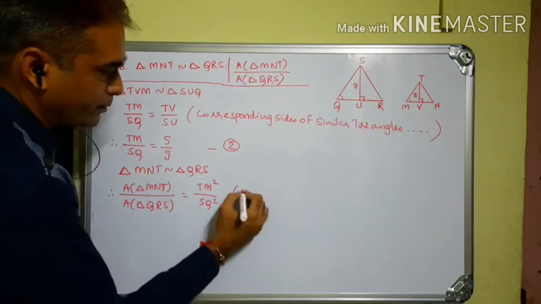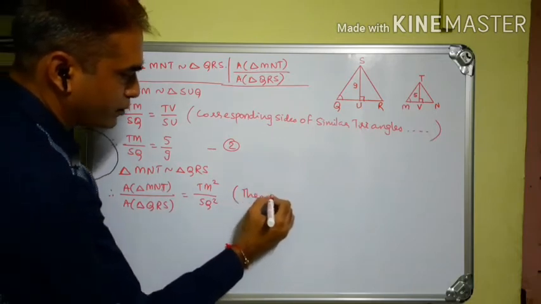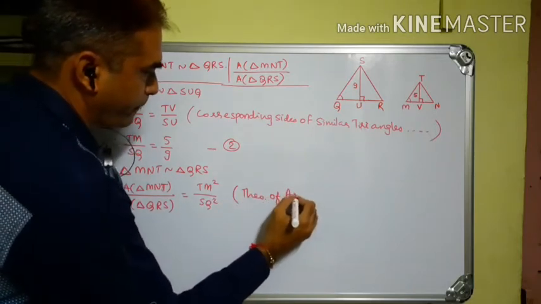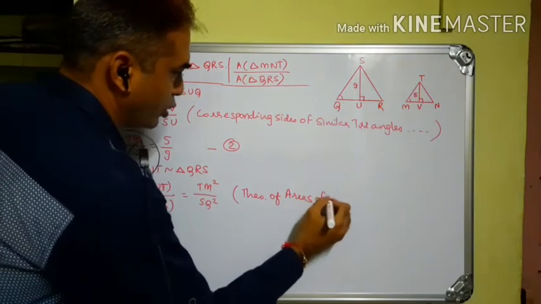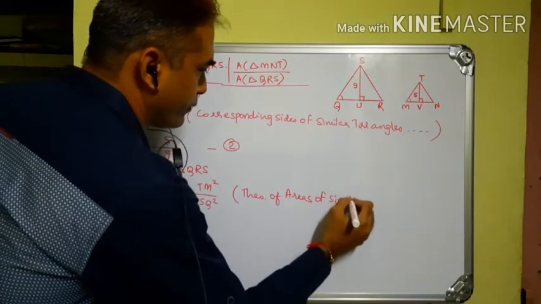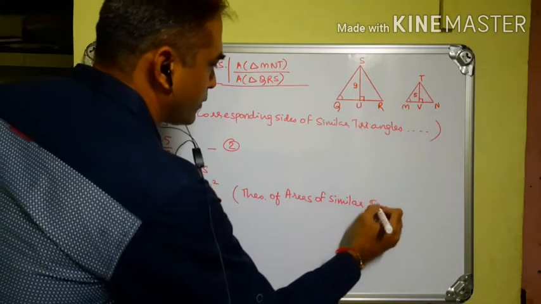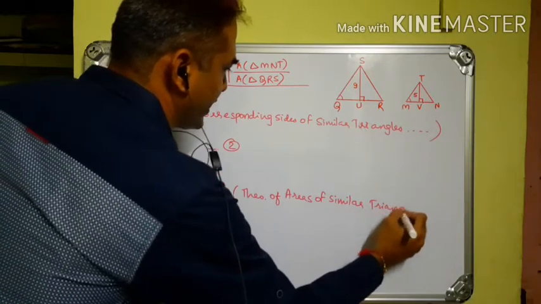What is the theorem? Theorem of areas of similar triangles.